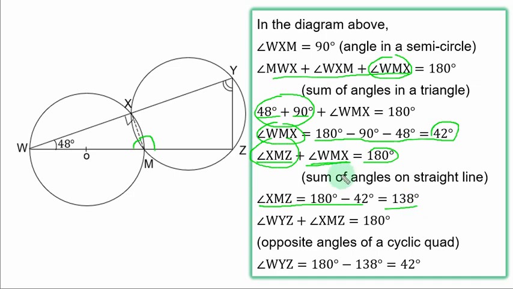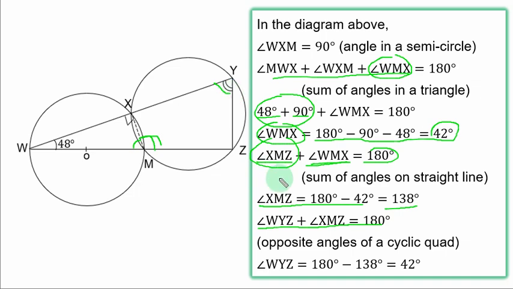In the quadrilateral SYMZ, angle WYZ plus angle SMZ equal to 180. That is this angle and this angle.